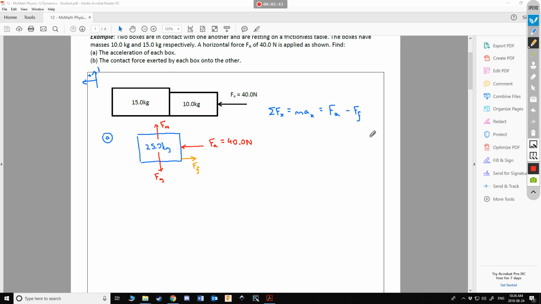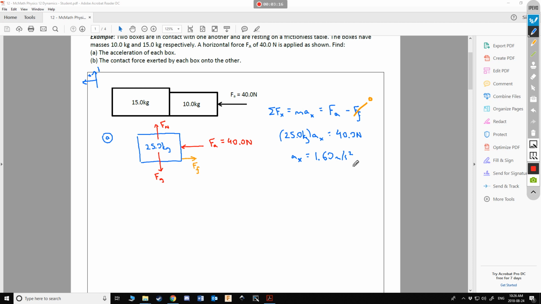Again, we're ignoring friction, so that is just going to equal 0. So we end up with our mass, 25.0 kilograms, multiplied by ax, is equal to 40.0 newtons. So our acceleration is 40 divided by 25, which gives 1.60 meters per second squared.